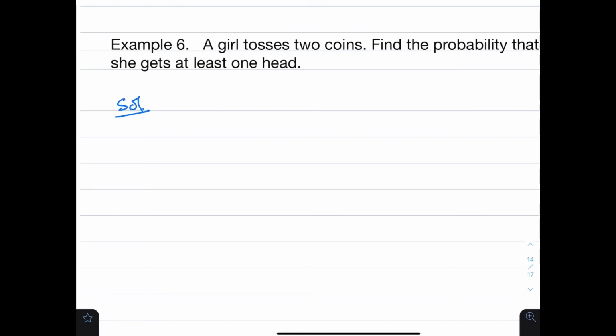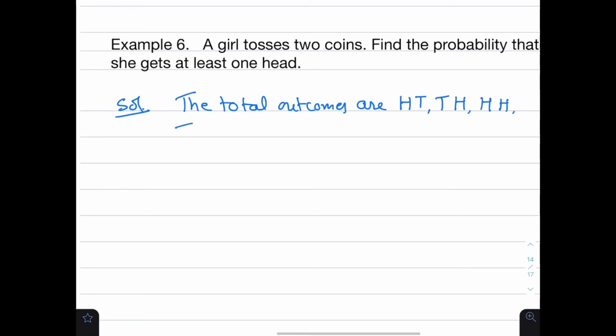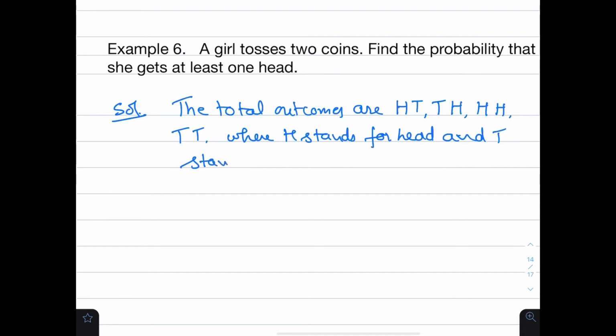When 2 coins are tossed, the total outcomes are, what will they be? Head on first and tail on second, tail on first and head on second, head on both coins and tail on both coins. Here H stands for head and T stands for tail.